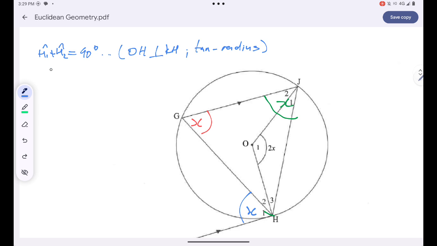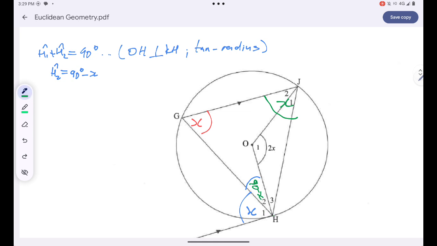That means angle H2 is equal to 90 degrees minus x. So this angle over here, let me write in green, is basically 90 degrees minus x.